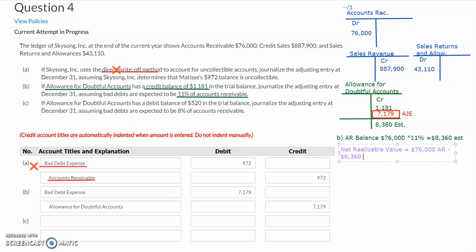And the reason why this is our estimate is that we don't know for certain which customers will not pay. If a company knew which customers would not pay, they would not make that sale to that customer. So the actual amount reported on the balance sheet would be $67,640.